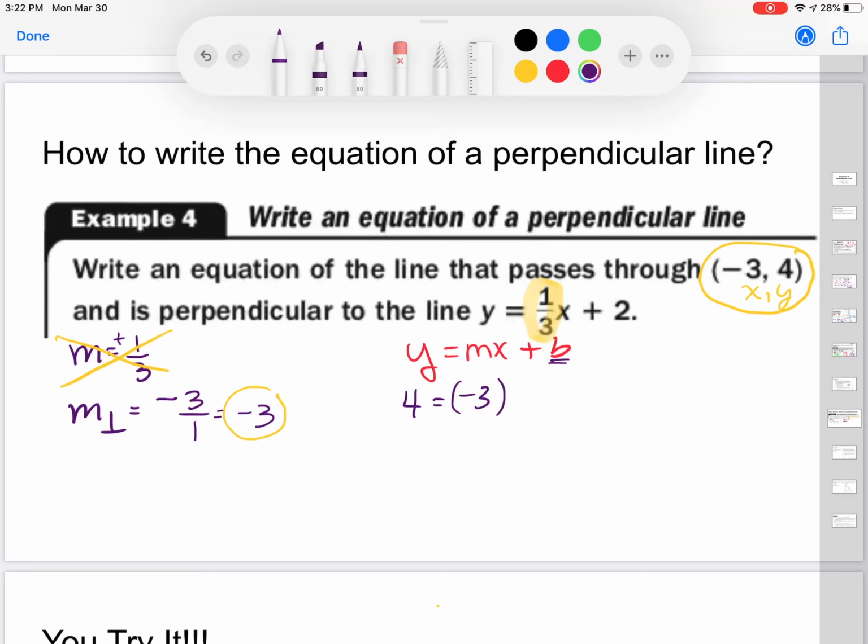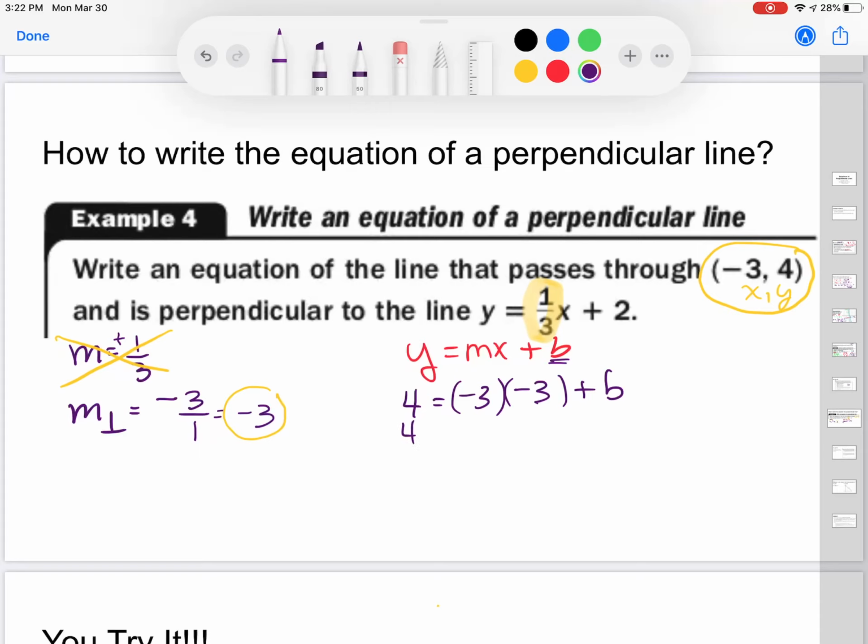I definitely put things in parentheses when I'm substituting a negative. I think that's safer to do. The x value on the coordinate is -3, so we plug that in for x, and then we have plus b. Once you have that written, it's a matter of simplifying and then solving for b.